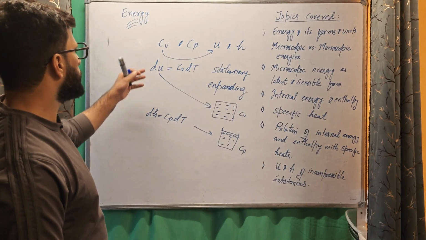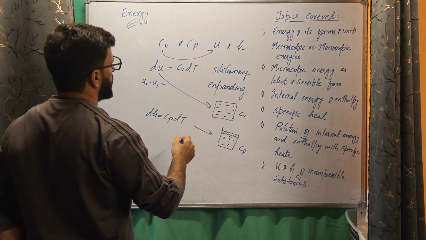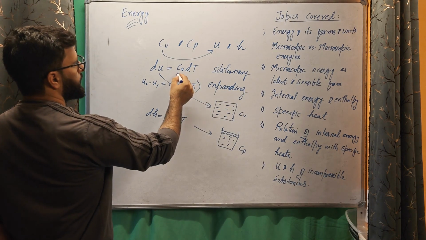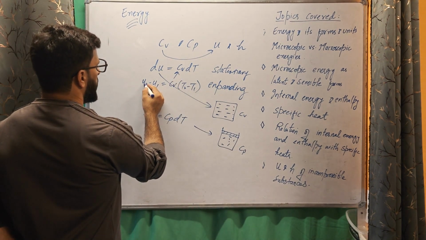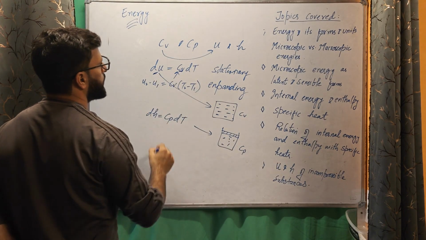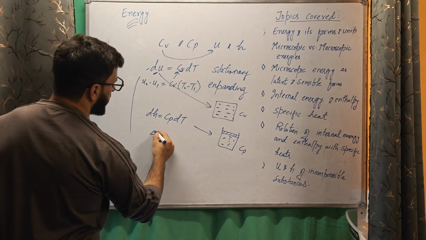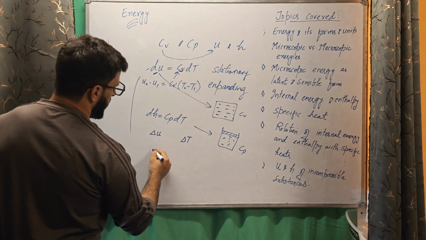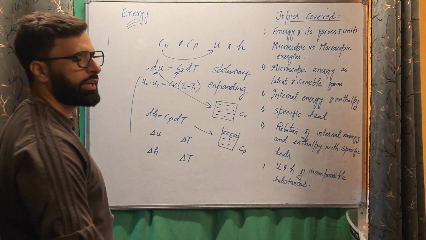Of course we cannot use these for U2 minus U1 equal to CV (T2 minus T1), because this is the exact value of specific heat, but this is the differential change in internal energy. We have to convert this equation into finite changes, delta U and delta T, and similarly delta H in terms of finite change in temperature.